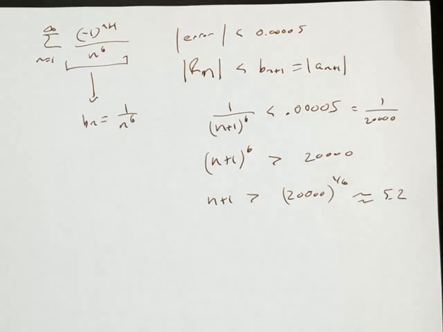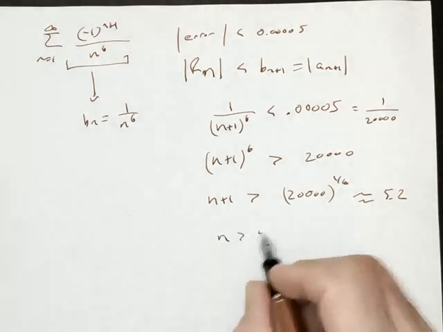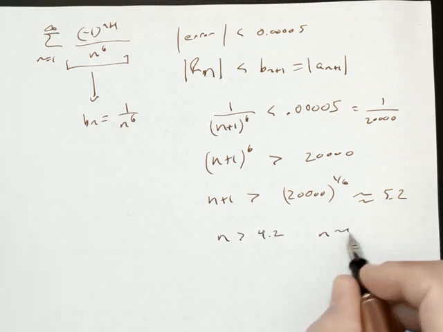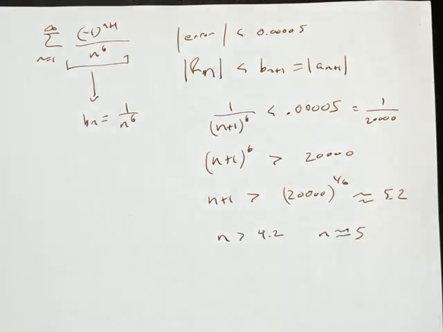Thank you. Which means I need n+1 to be bigger than that, so I need to be bigger than 2, so I can use 5. If you add up the first 5 terms, you'll be close enough.